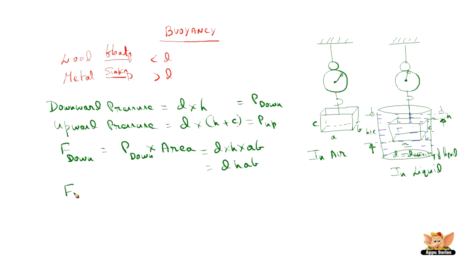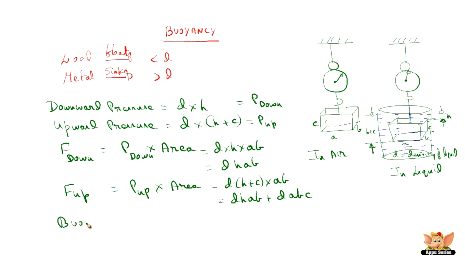In a similar manner, let us find the upward force. Upward force is pressure upward into area. So, pressure upward is D into H plus C, into area which is again AB, because whether it is upward or downward, the surface area is the same. So, this becomes DHAB plus DABC.